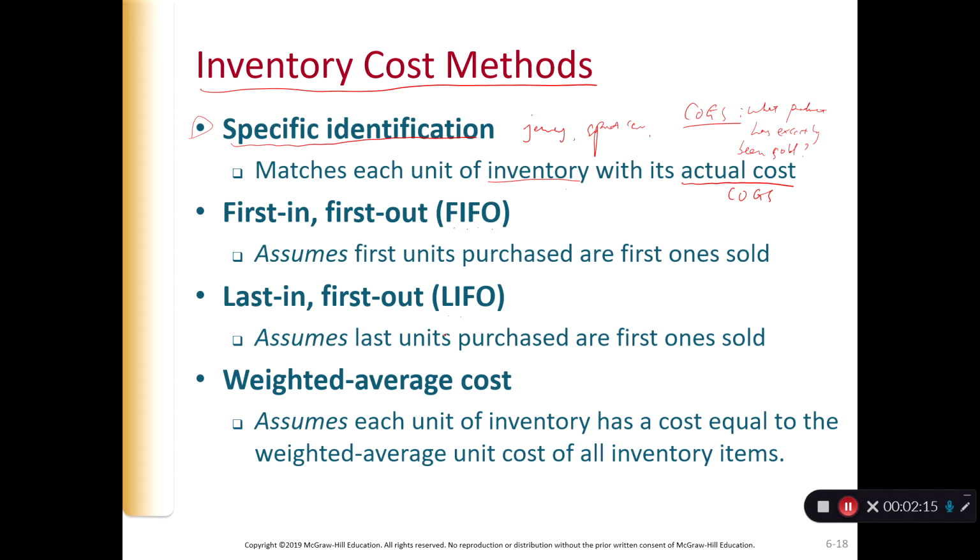First in first out assumes the first units purchased are the first ones sold, and last in first out, on the contrary, assumes the last units purchased are the first ones sold. The weighted average cost assumes that each unit of inventory has a cost equal to the weighted average unit cost of all inventory items.